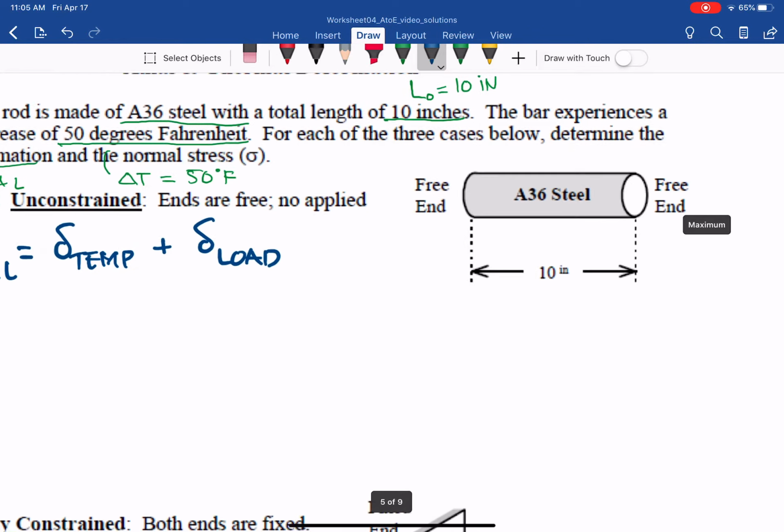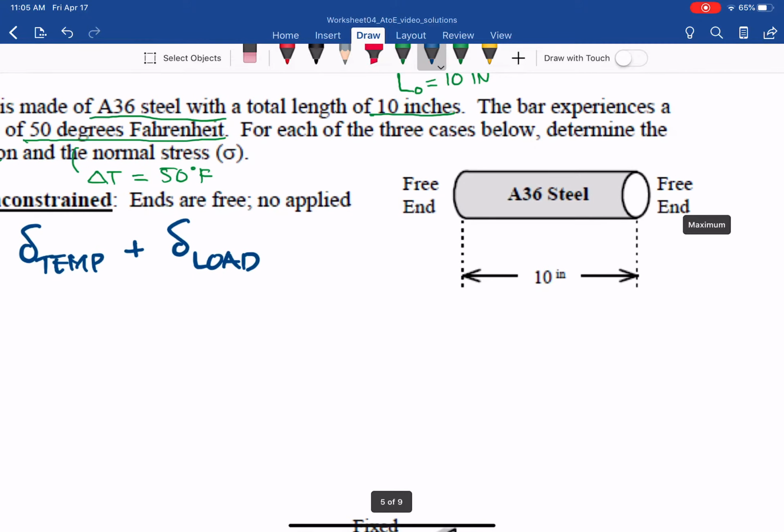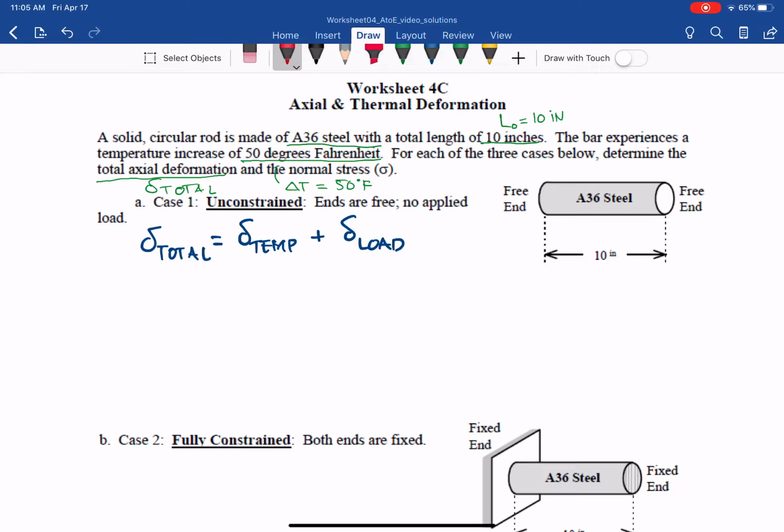As you can see, in this scenario we have a free end and no load. The free end is free to move in both directions, and no load is applied. So the load deformation is very simple, it will be 0 because there is no load.